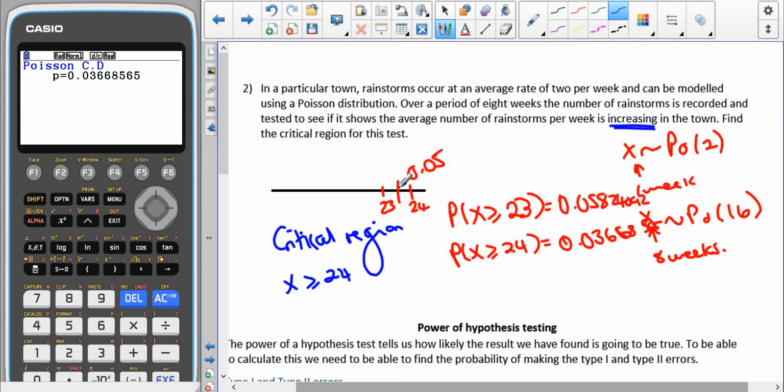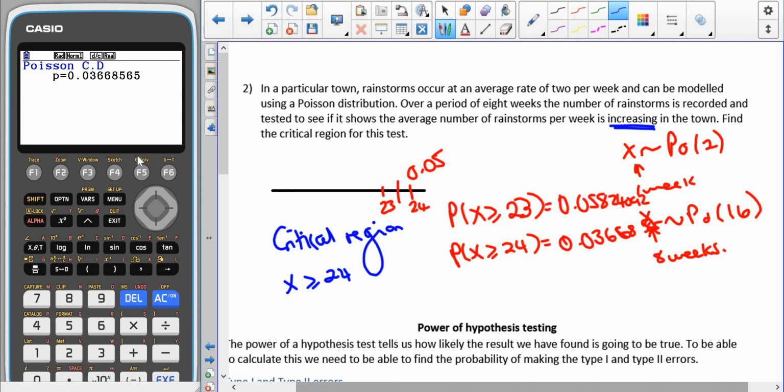It's not smaller than 0.05. So then we tried 24, x being greater than or equal to 24, which gave us 0.03668565. You can still see that in my calculator. It's got a bit smushed together here at the end. Which is small enough. So 23 would be the last value inside our accept H0 region. 24 is going to be our critical value, which means that anything bigger than that is in our critical region. So the critical region is going to be when x is greater than or equal to 24.